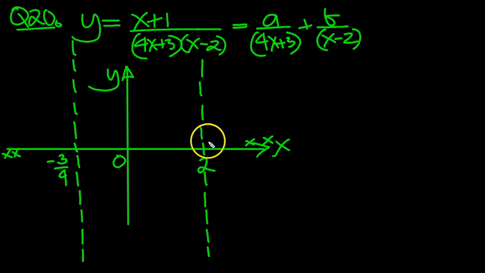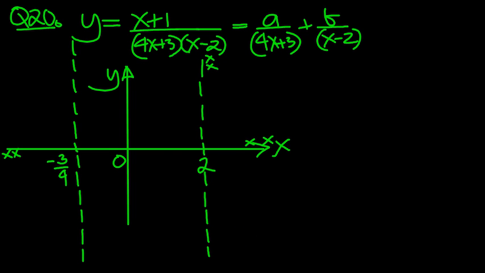So let's have a look either side of these values then to confirm that. So just a bit bigger than 2. I'm going to put the signs here. This will be positive, this constituent will be positive, and this constituent will be positive. So it shoots up to plus infinity, doesn't it? There and there. So that's what we had there.